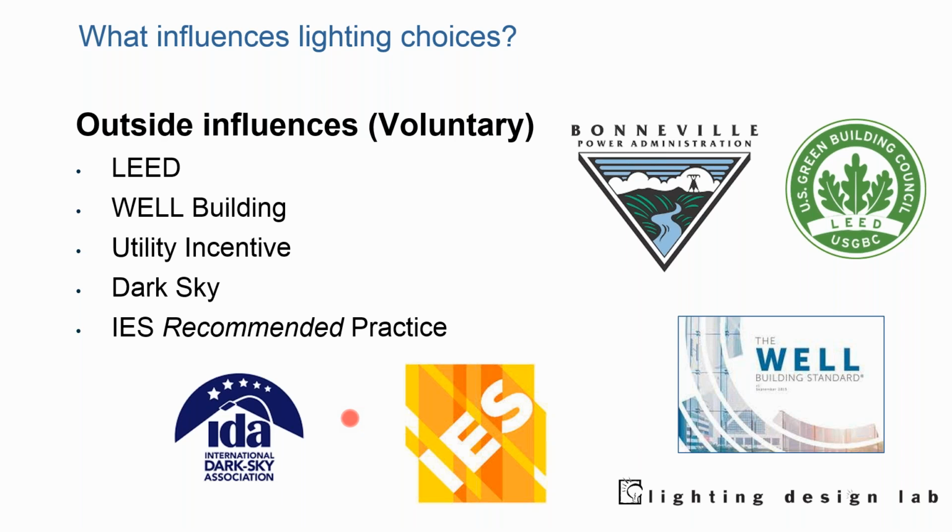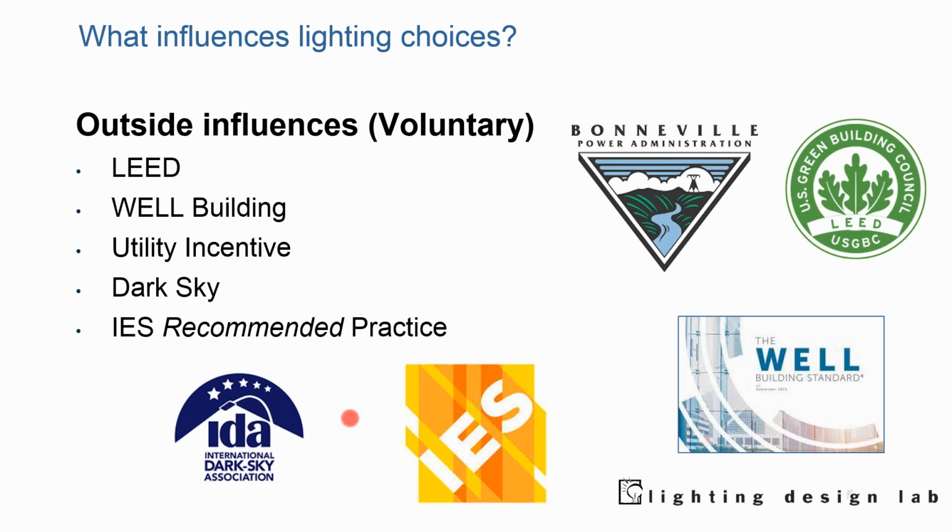We may be choosing to do a LEED building or a WELL building. There may be utility incentives that we want to incorporate into the budget process. There are possible restrictions, like dark sky; we may be trying for dark sky. And then there are the IES recommended practices.